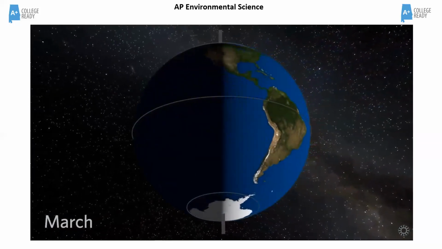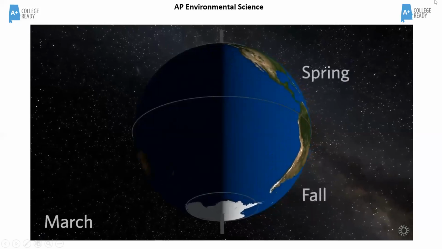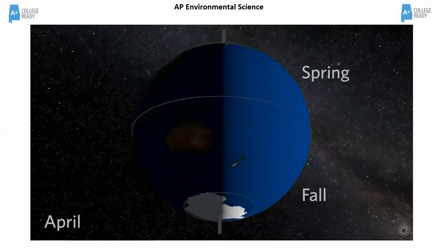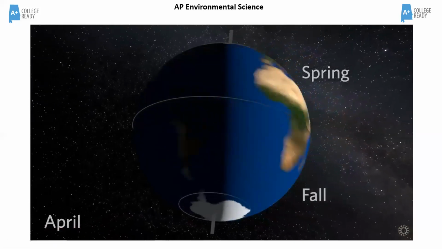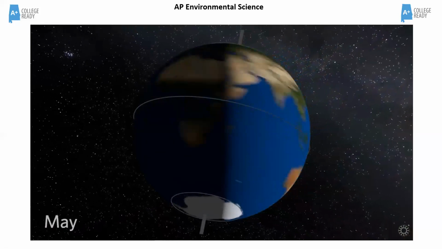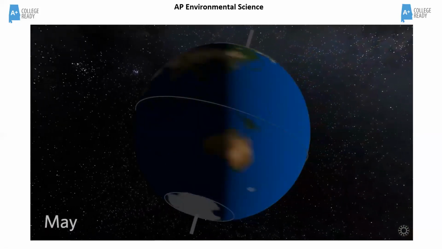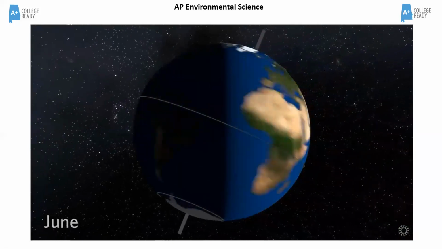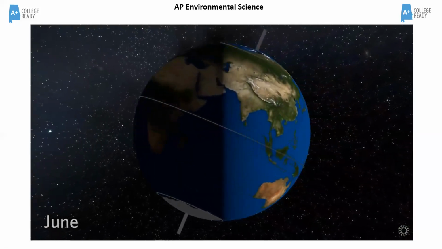Now Earth is tilted neither toward nor away from the sun, and day and night are about equal in length. As we make our way to the summer months, notice that Earth is still tilted in the same direction, only now on the other side of our orbit. The North Pole is tipping toward the sun.